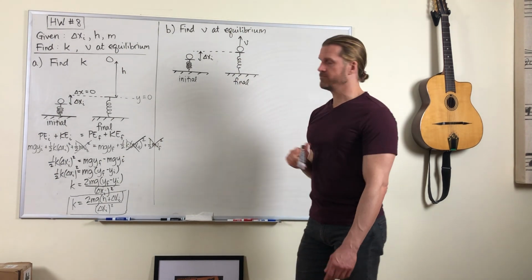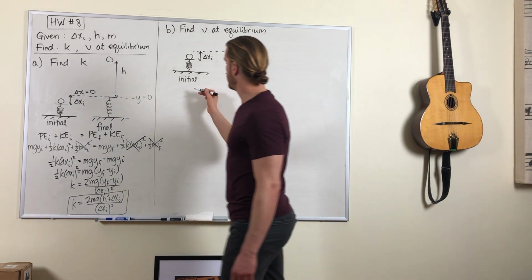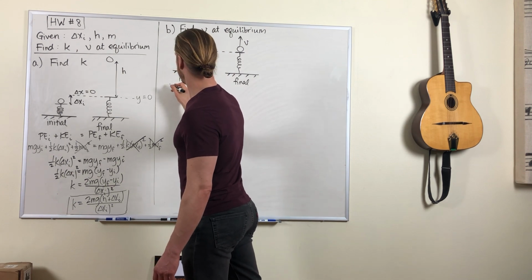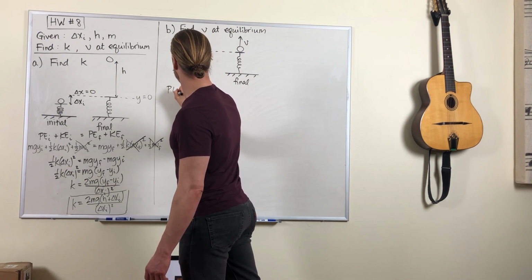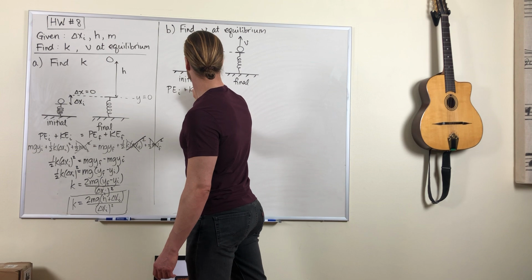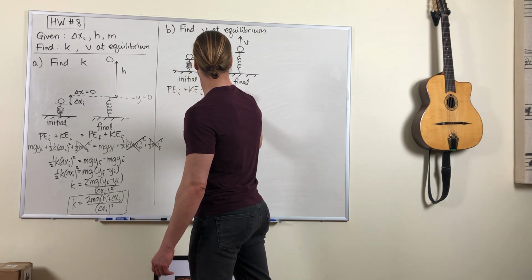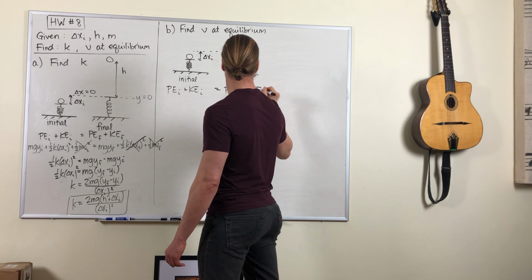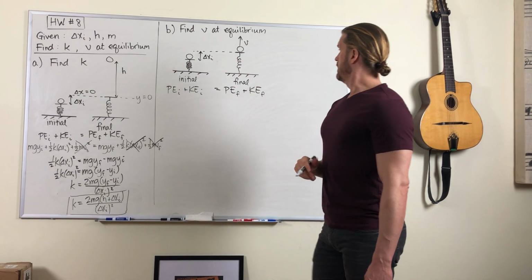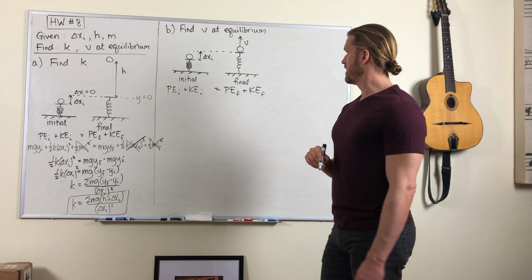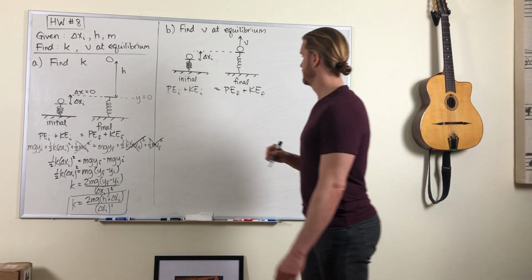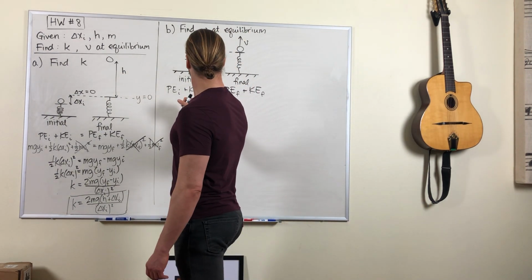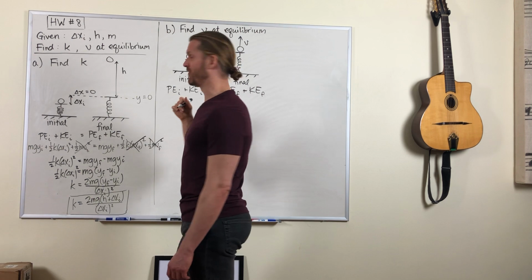But I'll stick with these two. And again, we'll write our conservation of energy equation. And as before, we have a whole bunch of stuff. Unfortunately, this time, not as many things are going to be zero.